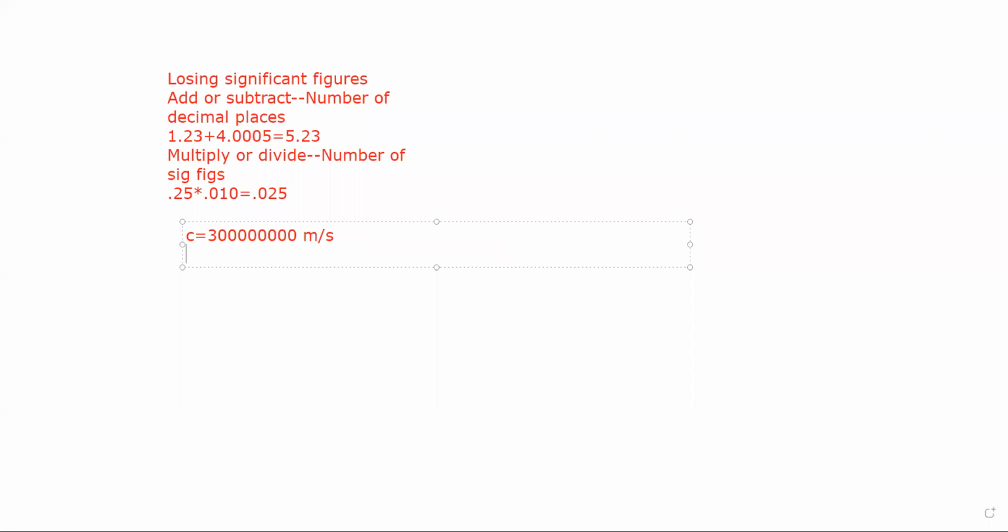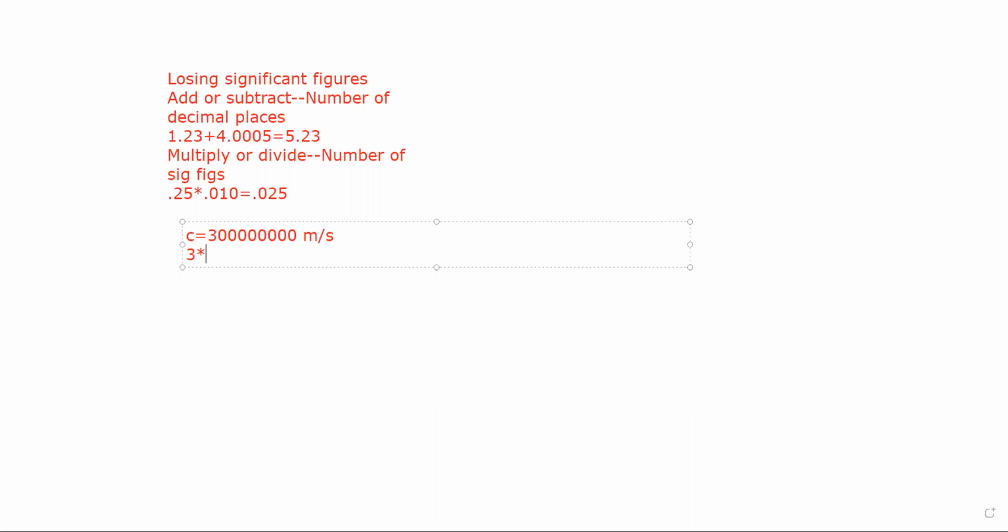So what we as a scientific community do is we write all of your significant figures, but the decimal goes after the first digit. We actually only have one significant figure here, so we don't get to put a decimal and a zero there because those are not significant, and I would be lying to you if I said they were. I guess if we measured it, then they could be.